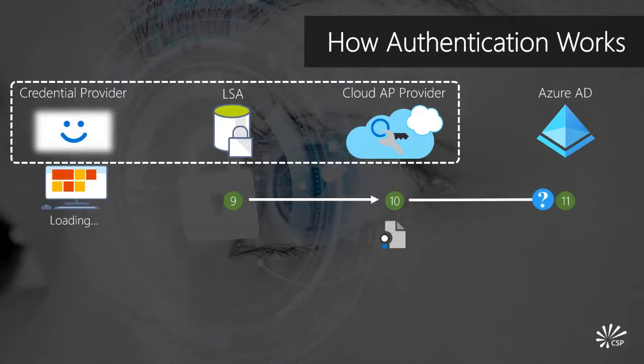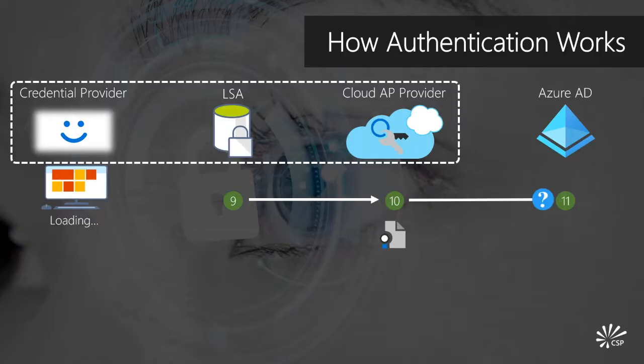So the first thing it's going to do is send a request up to Azure AD and ask for a nonce. If you recall from our last session, a nonce is simply an arbitrary, randomly generated value that's used to uniquely identify this authentication request, versus someone trying to be malicious and replay other authentication requests to trick Azure AD into providing an authentication token.